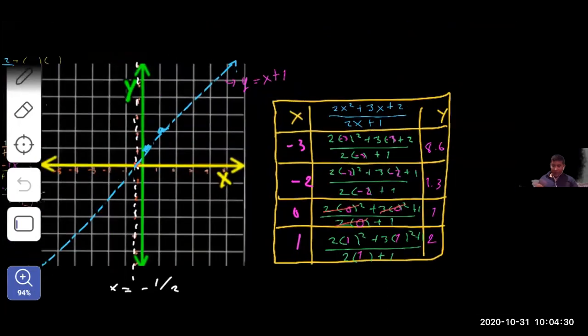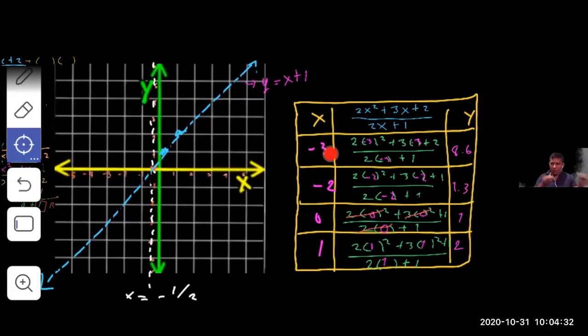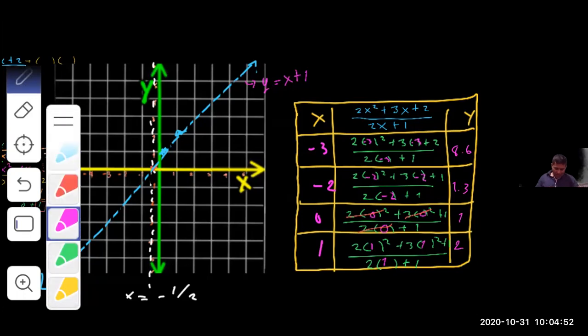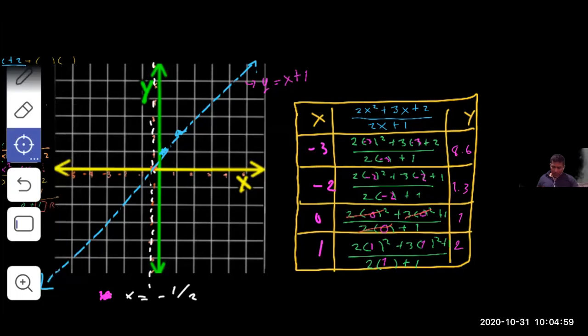Now, if I had a mistake, I'm going to see it in the graph, because when we plot a point with a mistake, we know that something is off. But I think it's right. Let's plot this point, guys. Negative 3 with 8.6. We don't have 8 in this coordinate system, but it's going to be a point really far up.